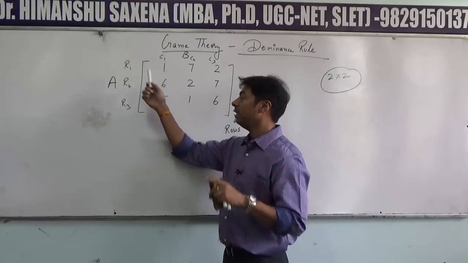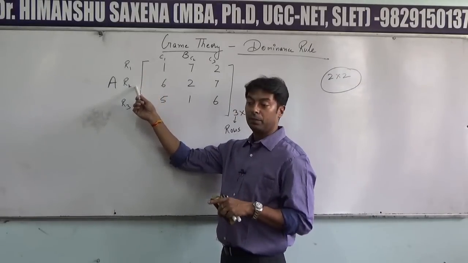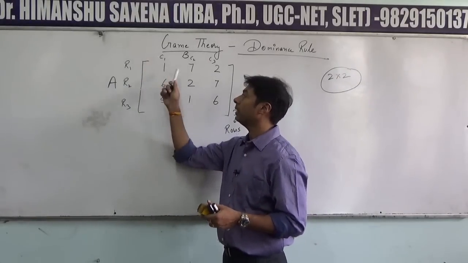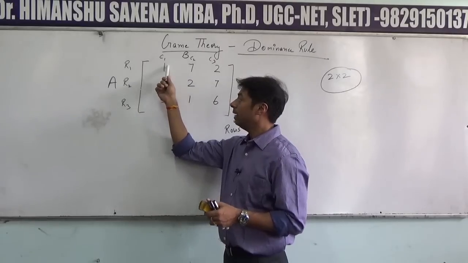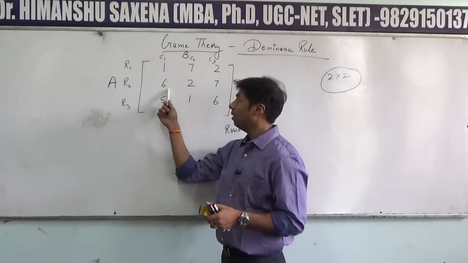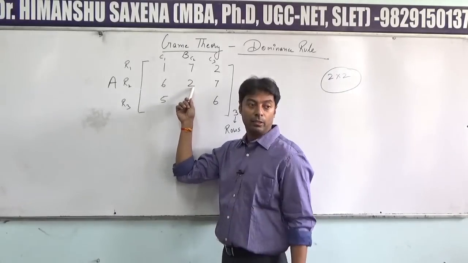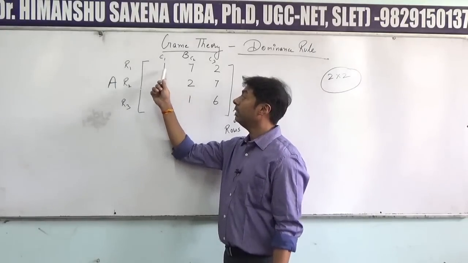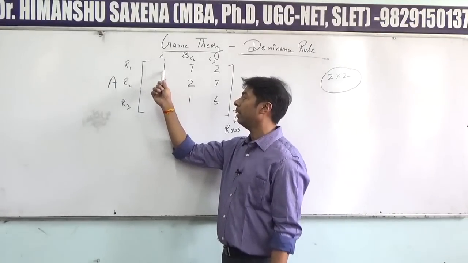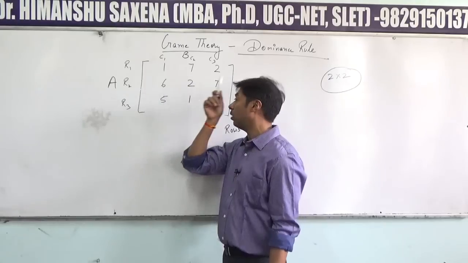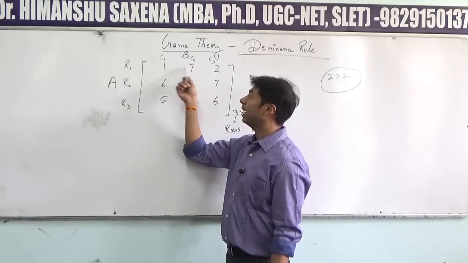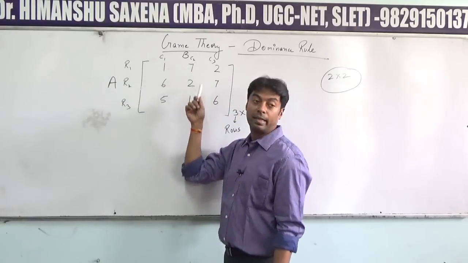So in this case, we are going to start with first and second row. Now see, this element 1, it is less than 6. 1 is less than 6, but over here 7 is greater than 2. So in this first row, the first element 1 is less than 6, but in this same row, the second element 7 is greater than 2.